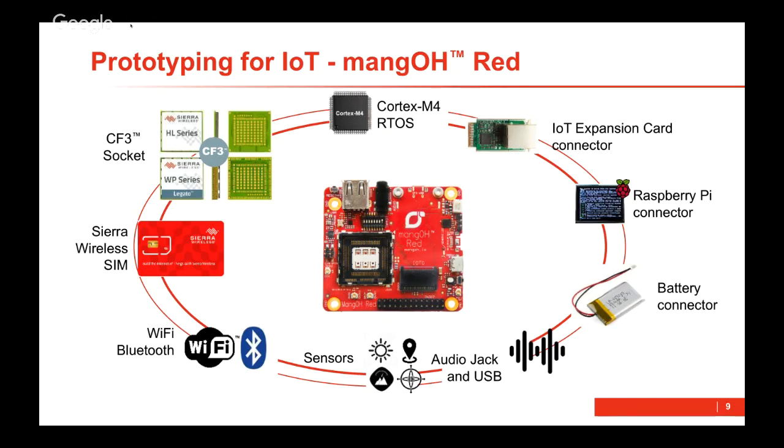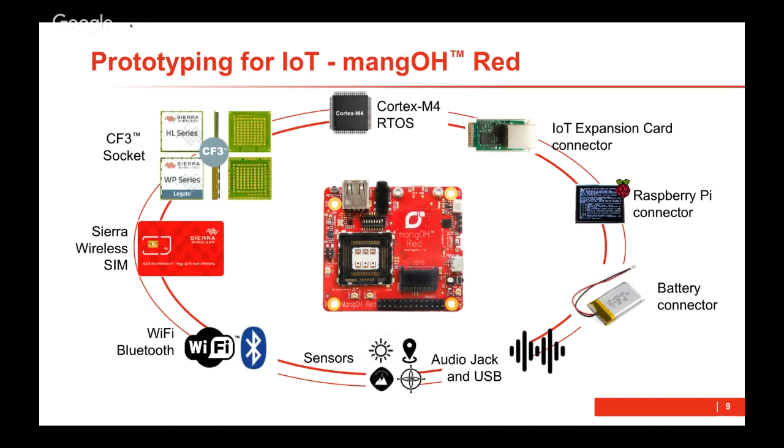We also have a 26-pin Raspberry Pi connector on board. So you can connect the Raspberry Pi hats if you want to. So we're trying to bring in the third-party open source community as well into our ecosystem. We have a single IoT expansion card. This is what you will use to go build a final product.